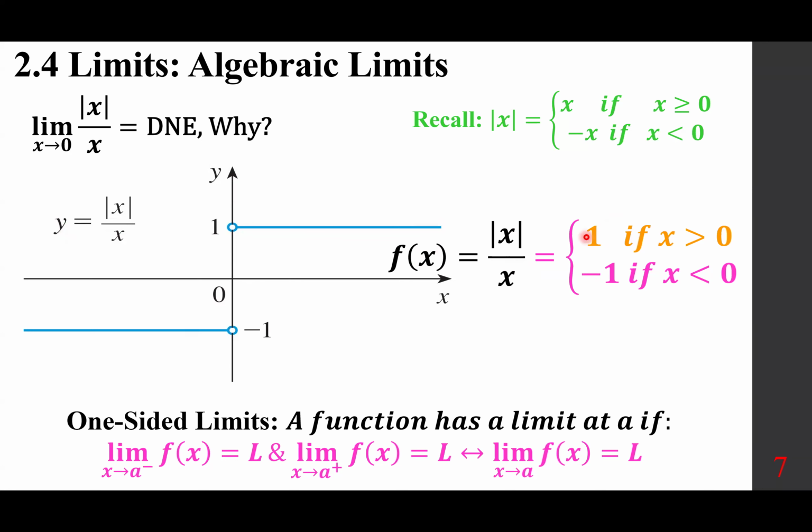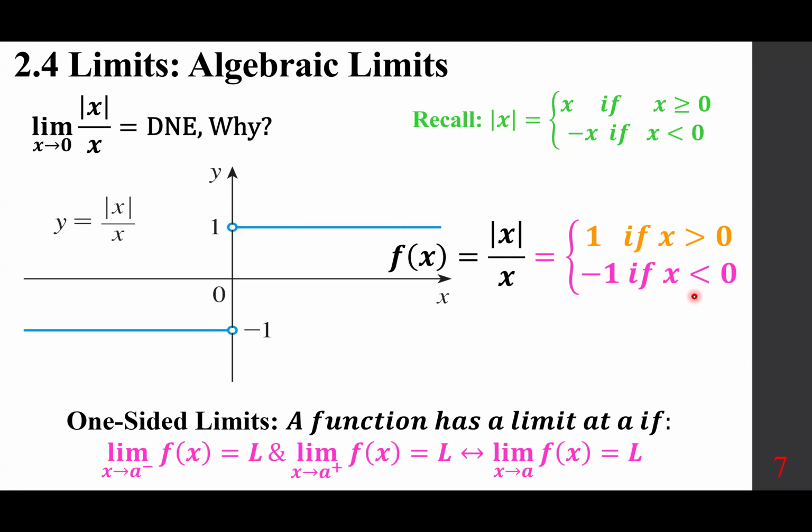However, this says x larger than 0, so this horizontal line is good from 0 on and not at 0, and the left side is not good. That's a half line. Same thing for this one. When x is less than 0, it's good. That's also a half line. That is the graph, and the endpoints, both of them, are not included because we don't have the equality.